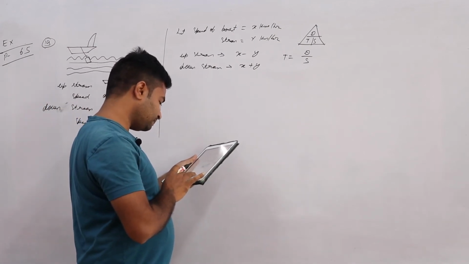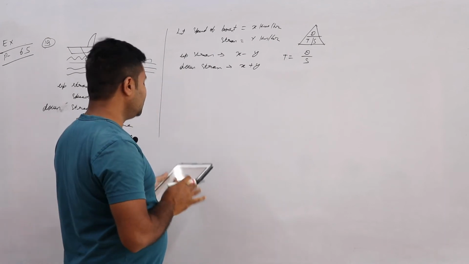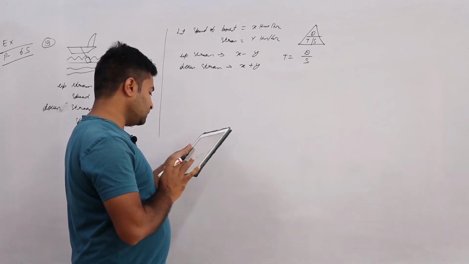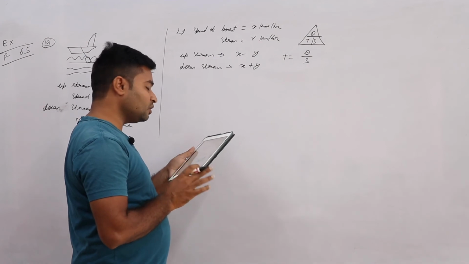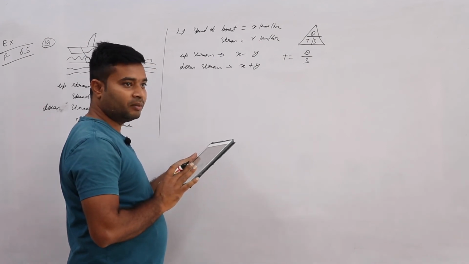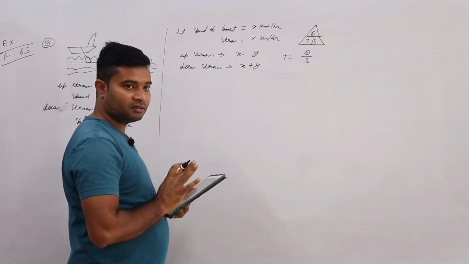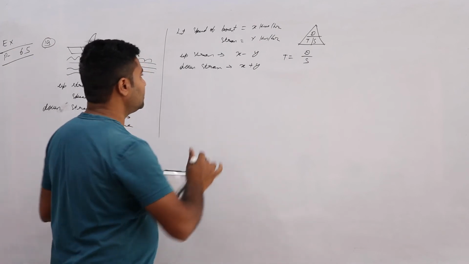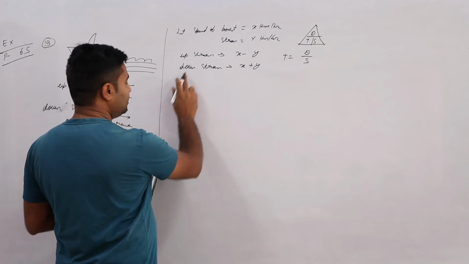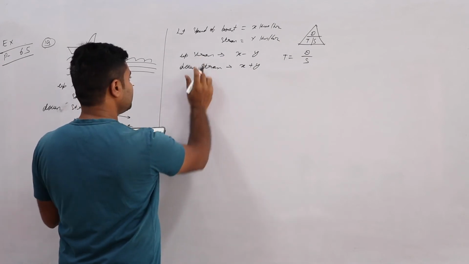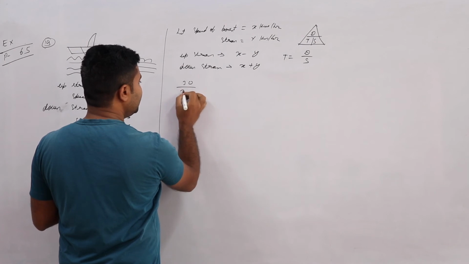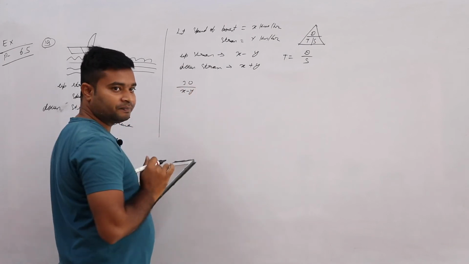Don't waste time. So now, the first situation says 30 kilometer going and 44 kilometer coming takes 10 hours. So 30 kilometer is upstream, means 30 by x minus y. This is the time.